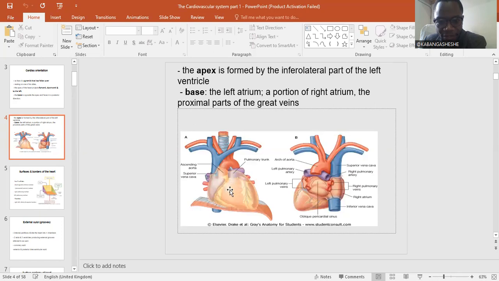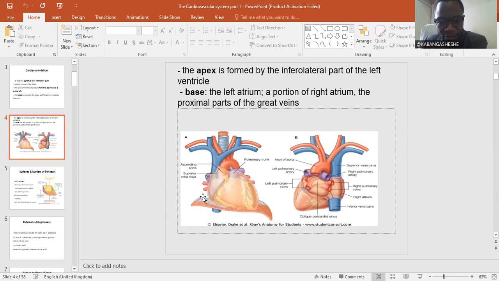This is where the sternum is. This is a surface that lies immediately behind the sternum. So we call it the sternal surface or costal sternal surface, because lateral to the sternum are the costal cartilages.